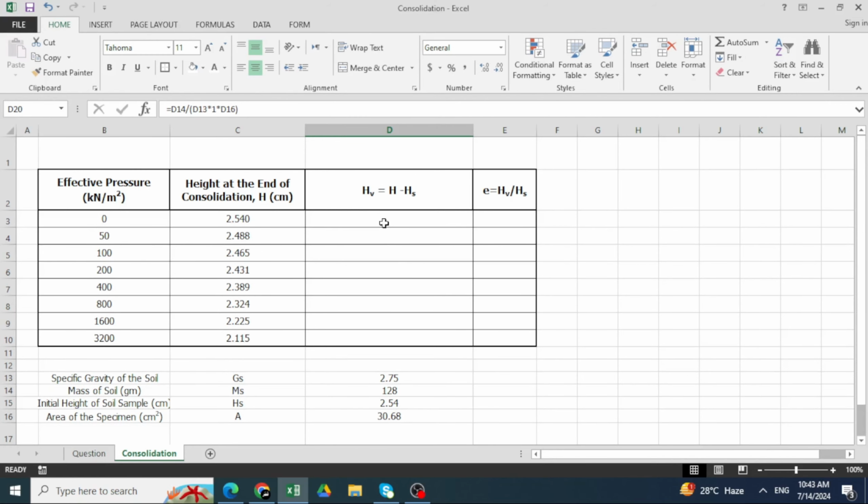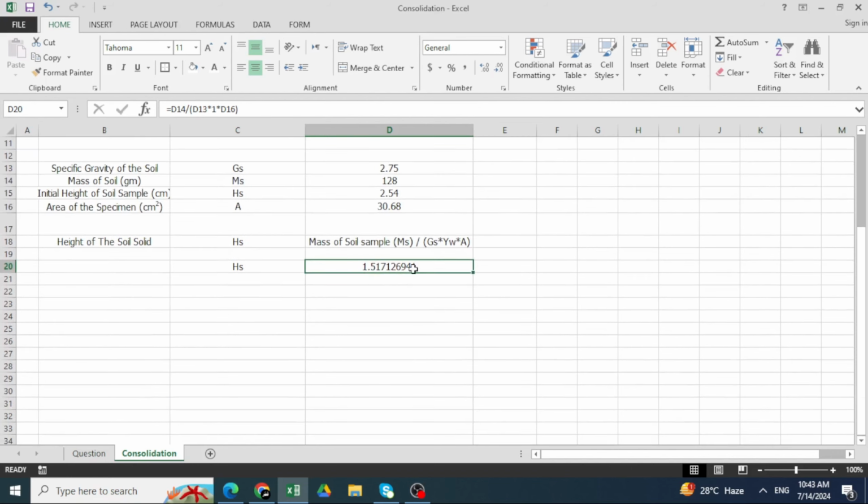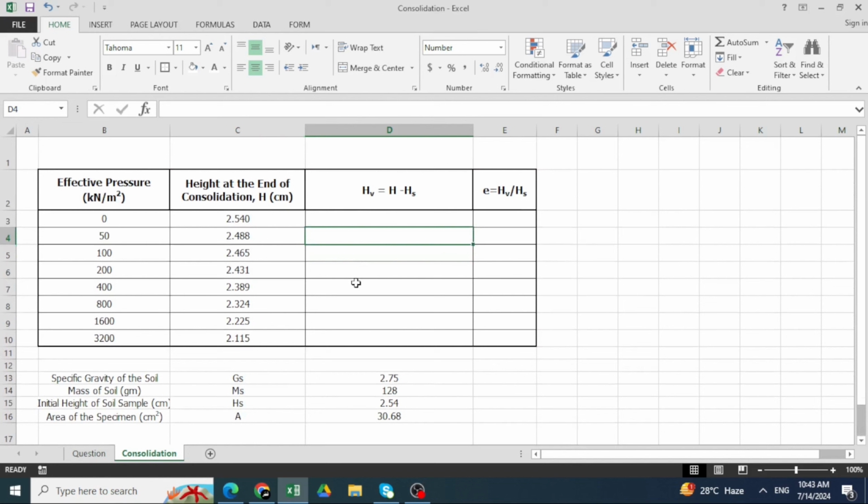Now we can calculate the Hv through Hs. The H, that is the height at the end of the consolidation, and Hs is the height of the solids.